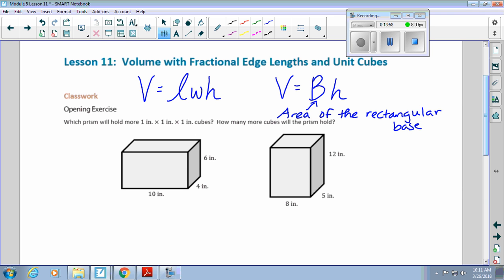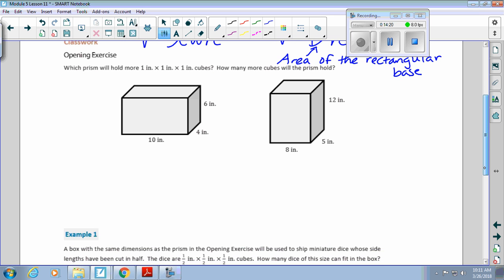Think of boxes, a refrigerator, maybe a storage tote, all those types of things. You're going to calculate the volume of how much it can hold. So what's its capacity? What's its volume?